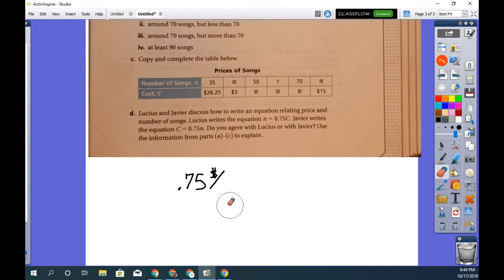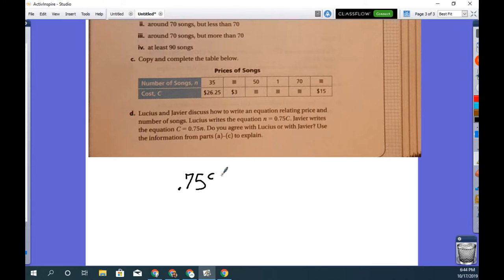That would be more appropriate. 75 cents, that's the cost per song, and we're going to take that and multiply it by the number of songs. We can prove that with our data table. We can prove that with our work with the ratios. You can prove that in multiple ways, but we are definitely going to agree with Javier because his equation is the correct one.